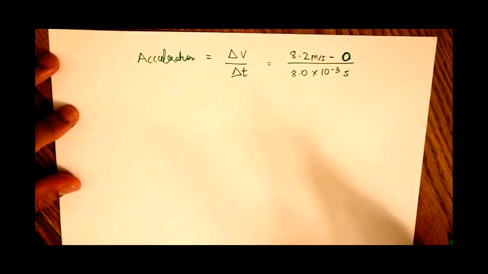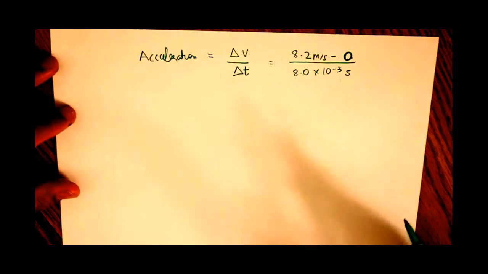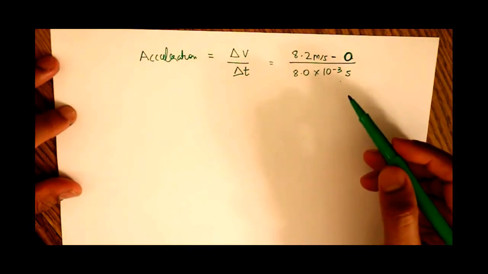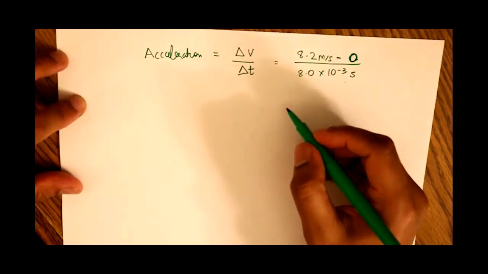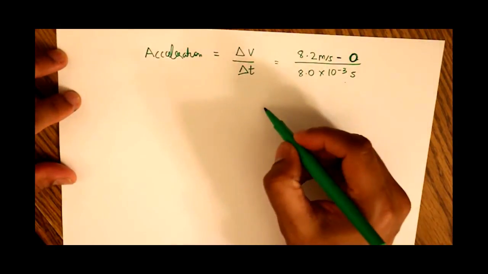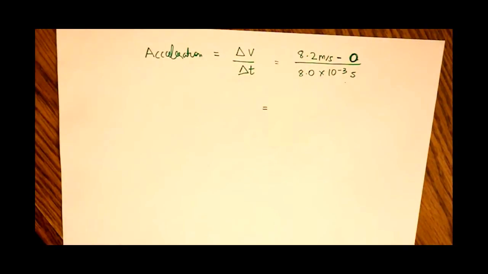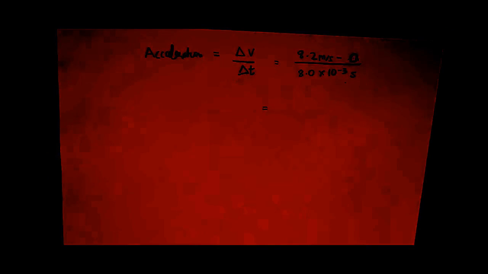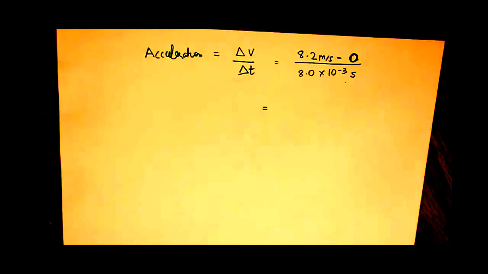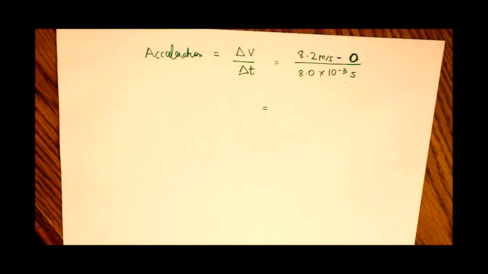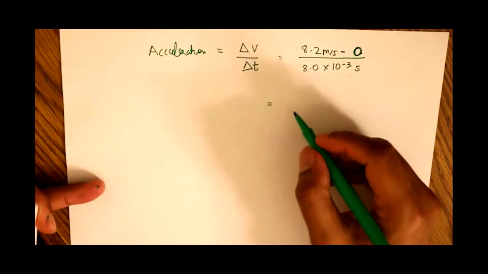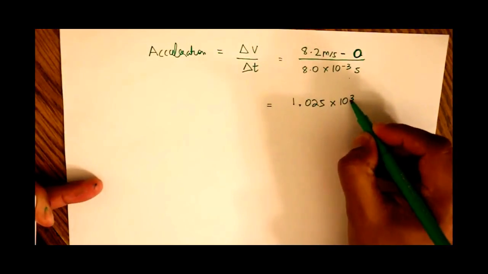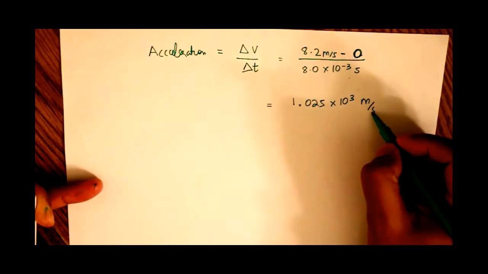When we calculate this number, the acceleration is 8.2 divided by 8 times 10 to the negative 3, so it's 1.025 times 10 to the 3 meters per second squared.